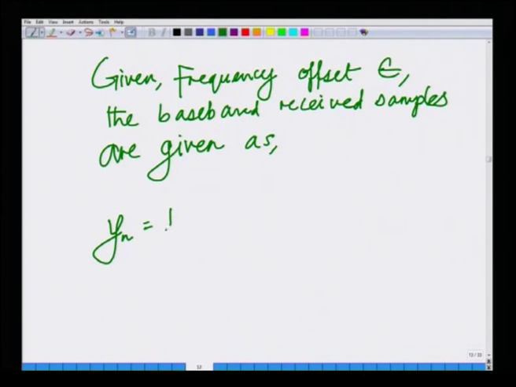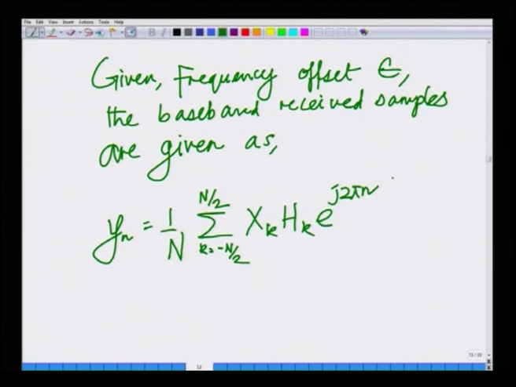y n equals 1 over N summation k equals minus N by 2 to N by 2 x k h k e to the power of j 2 pi n (k plus epsilon) by N plus w n.